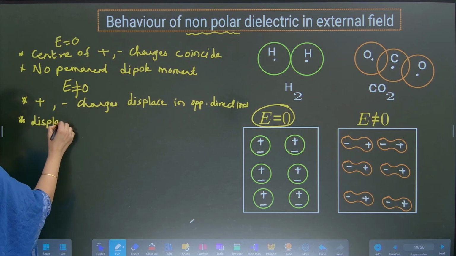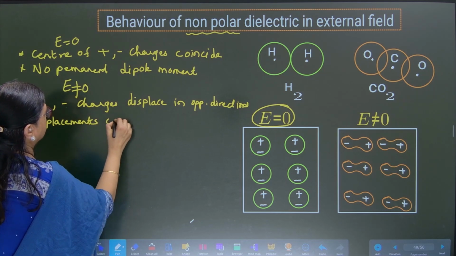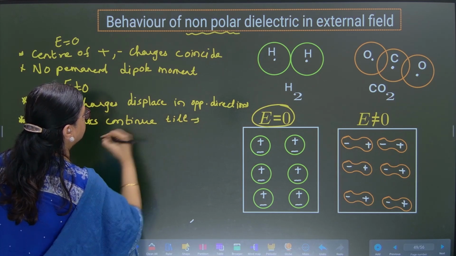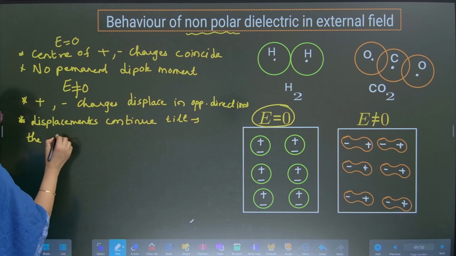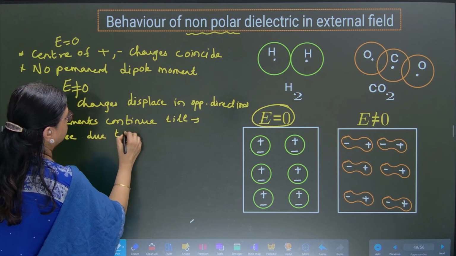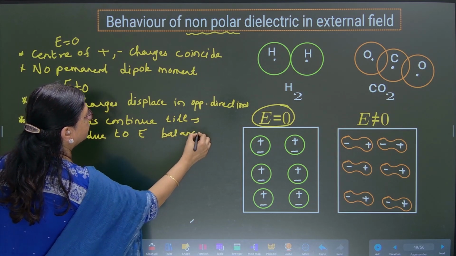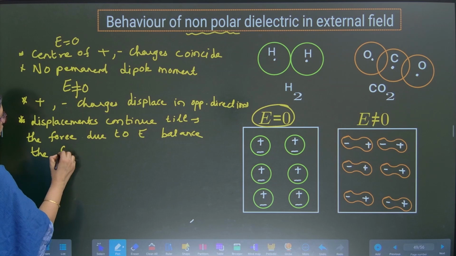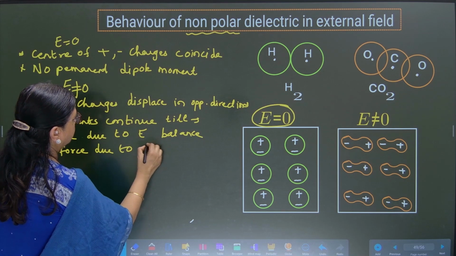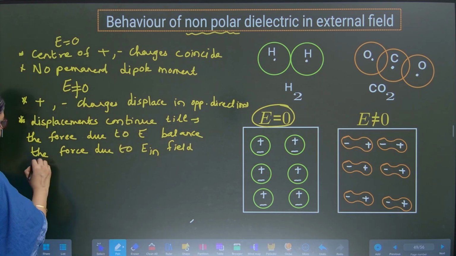Displacement of these charges in opposite directions continues till the force due to the external field E balances the force due to the internal field, which is the restoring force.